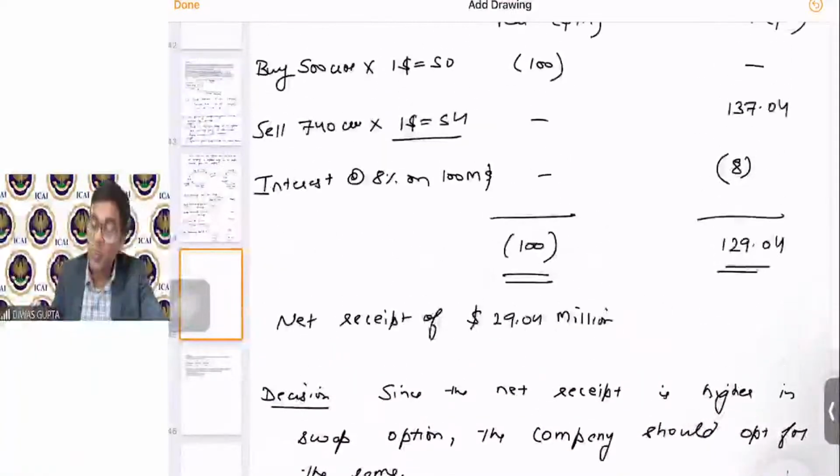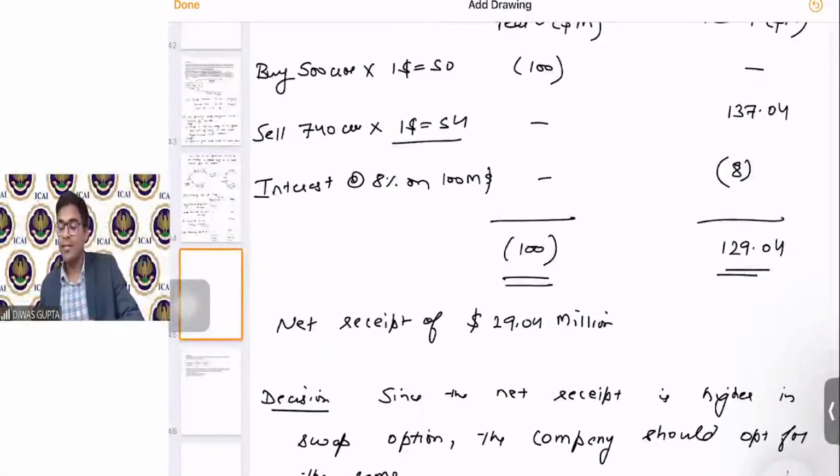Clear, students? So this was a question on deciding whether the company wants to enter into the swap or not. And we have concluded that company should enter into the swap.